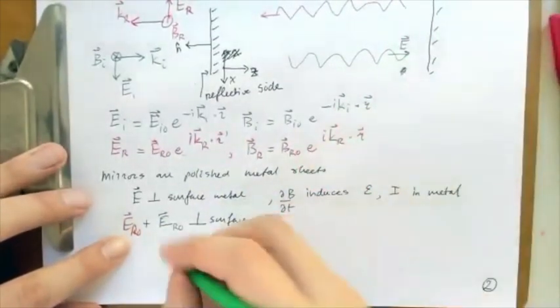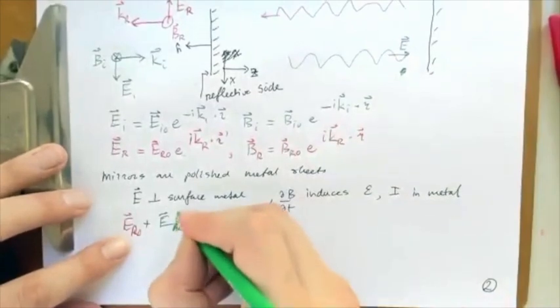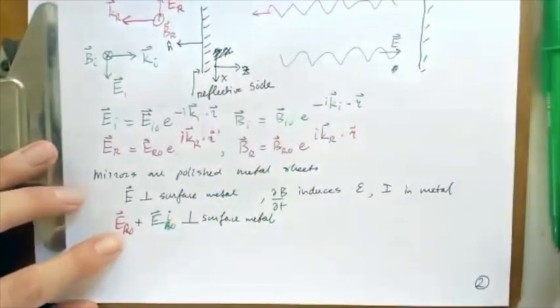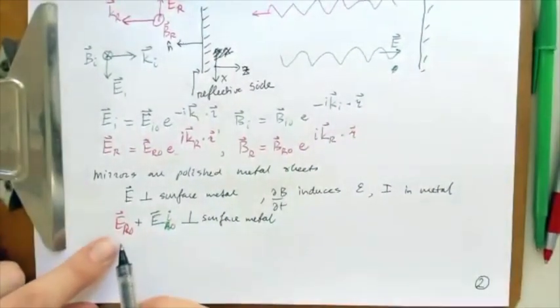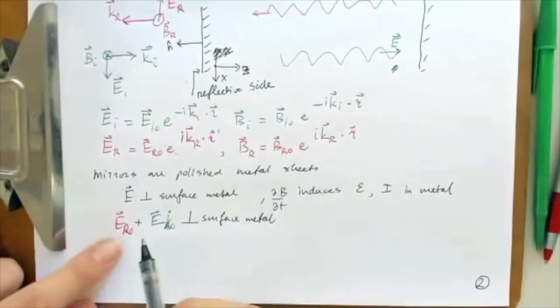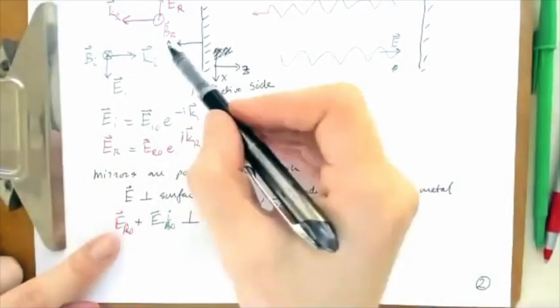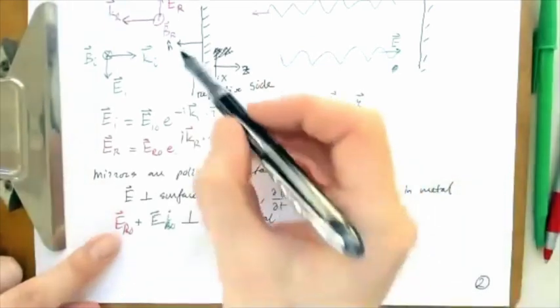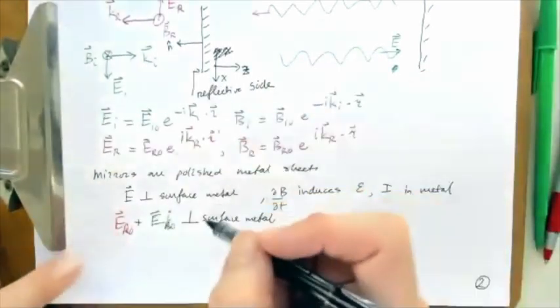So this is EIO. So if this one's in the x direction, then this one needs to be in the minus x direction, because otherwise they cannot cancel. Because the x direction is perpendicular to n, and the part that is perpendicular to n needs to be 0.